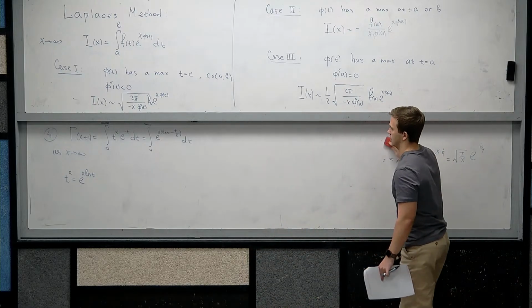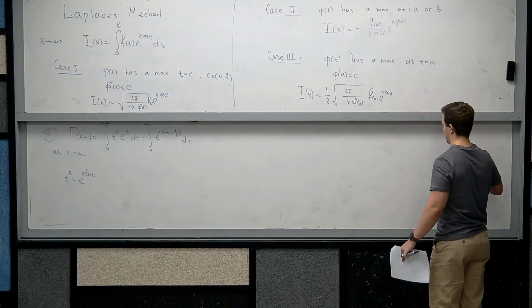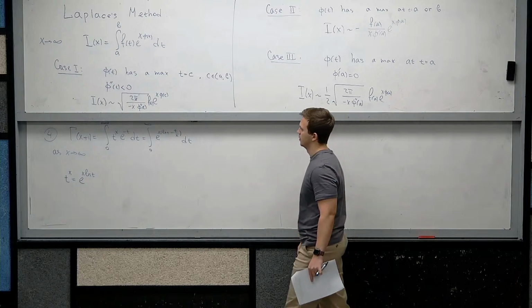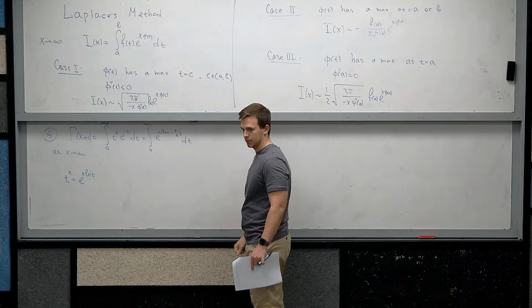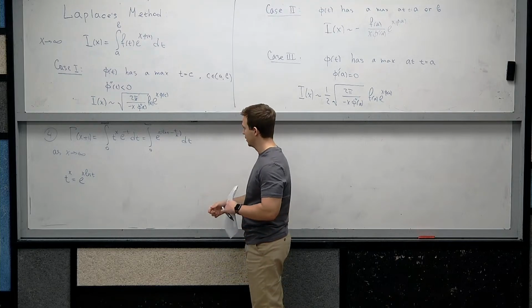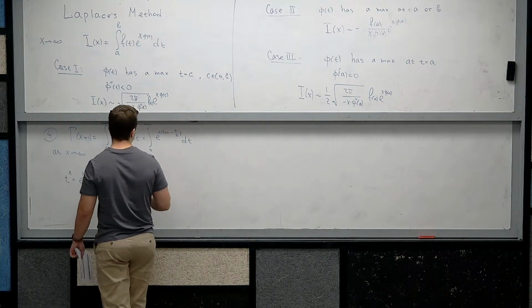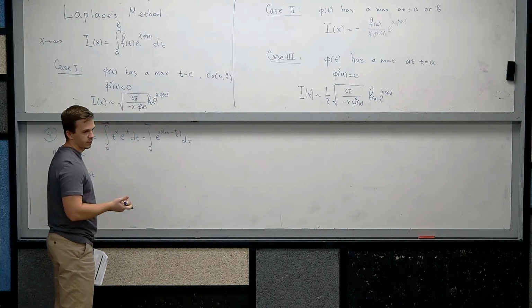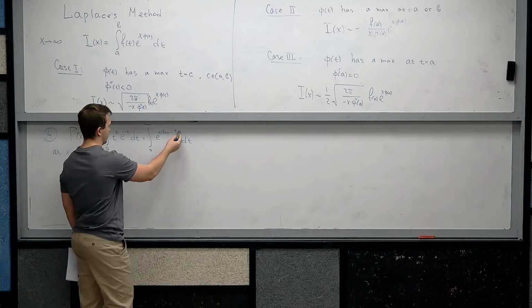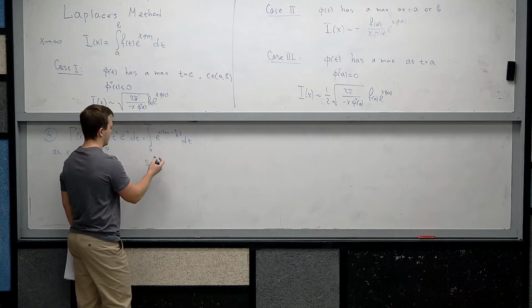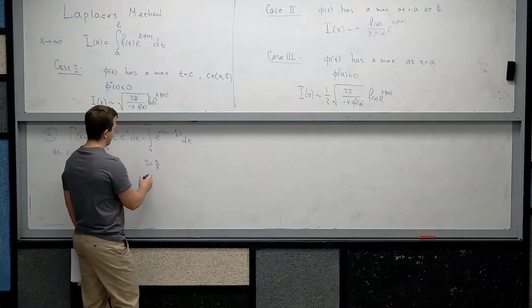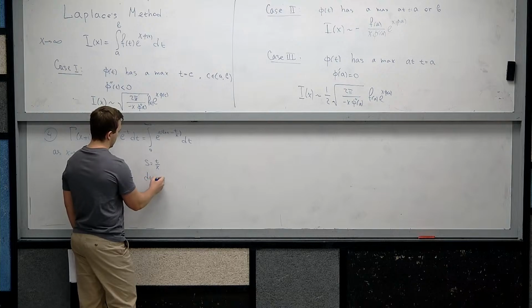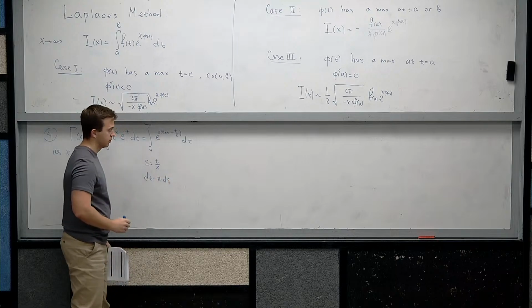But the problem is that we have, so to say, a maximum of this function that depends on x, right? So that's why we need to change variables in the integral. We can use the substitution, for example, s equals t over x, and then dt is just x times ds.